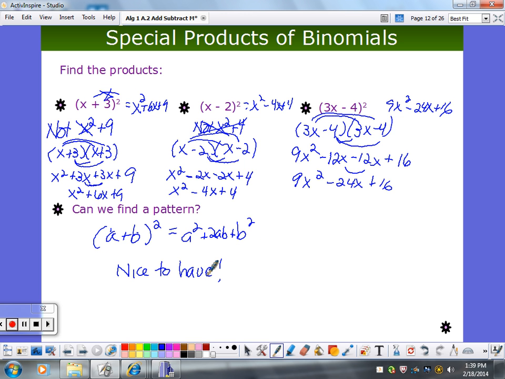I'm going to say it's a nice to have right now. The important thing I want you to take away from this is expand them out and use FOIL if you don't remember the pattern. Don't just multiply the two things. There's a middle. So make sure you expand it unless you can remember this pattern. I will understand if you can't remember the pattern. It's just kind of new at this point.